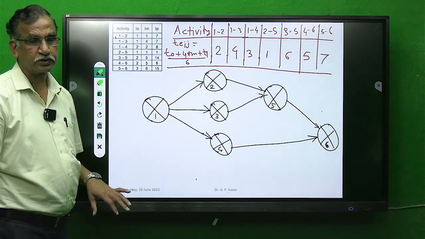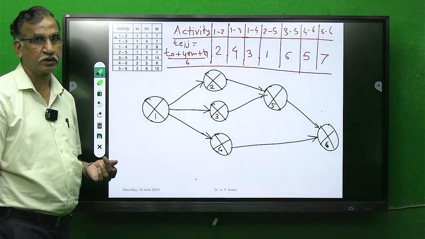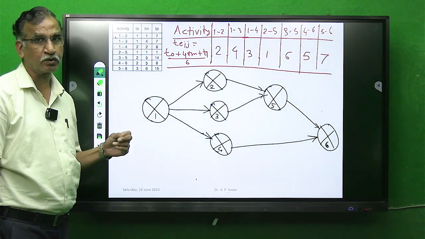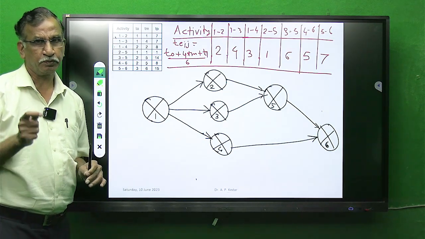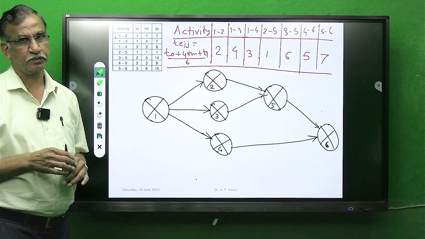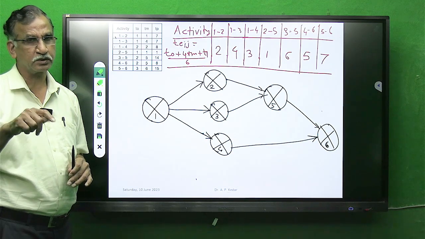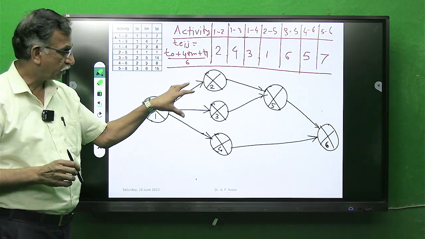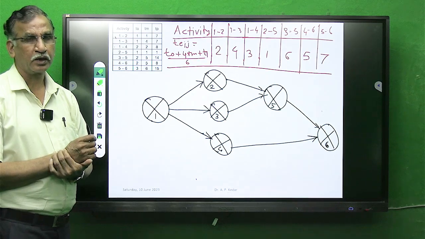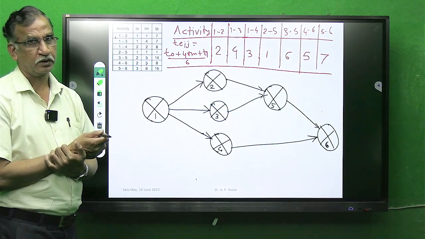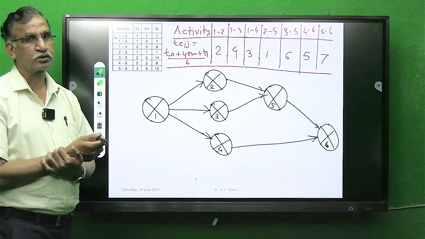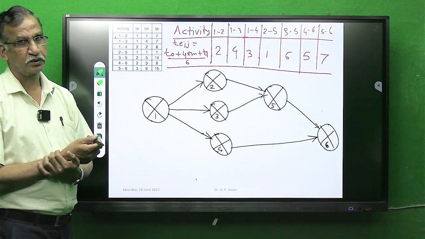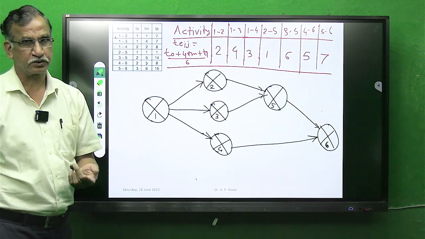Now we'll check once again, before we start calculation, whether our network drawing is correct or not. Very important. If you omit this step and there is some mistake in drawing the network, your entire effort will go to waste. So take some time to check it is drawn as per the given relationship. It hardly takes a few seconds.